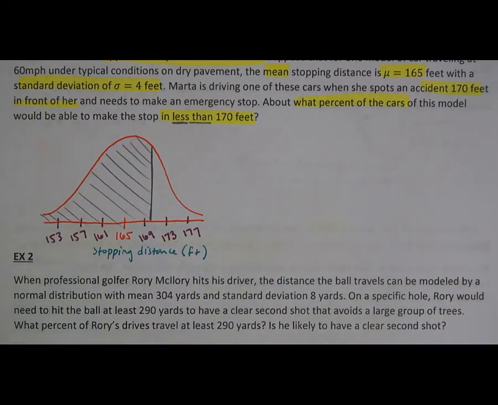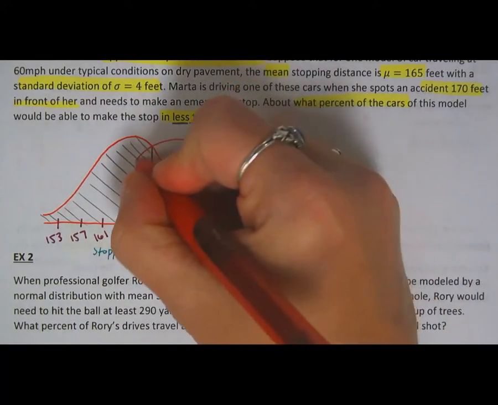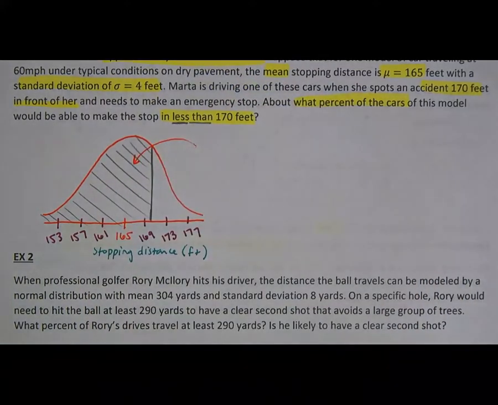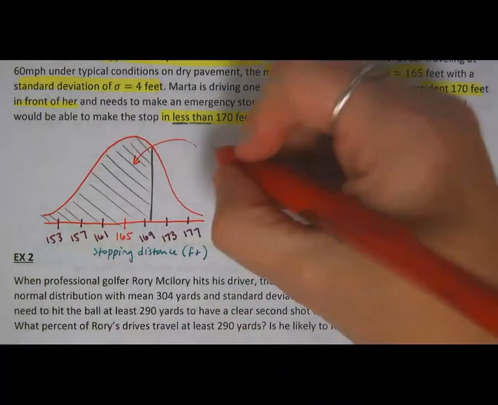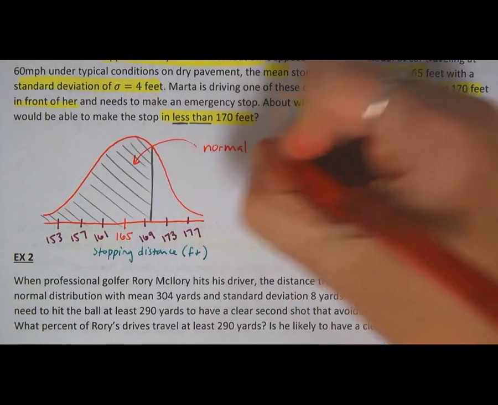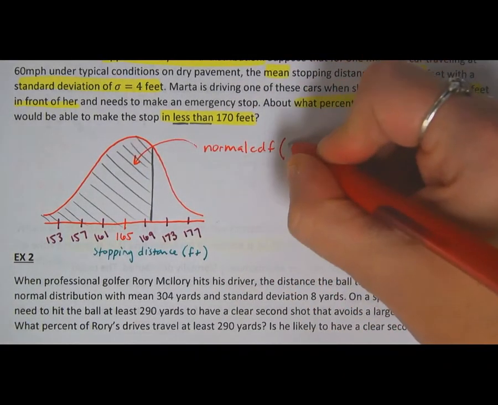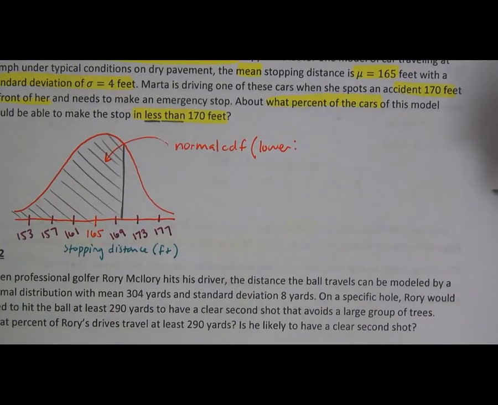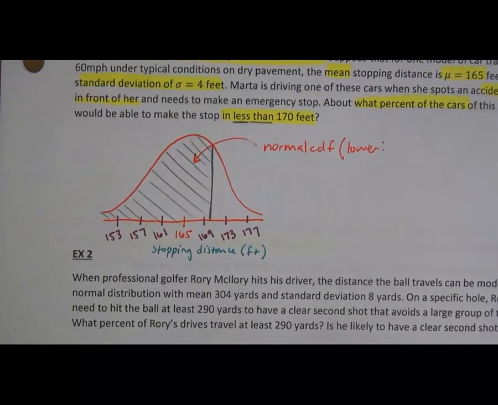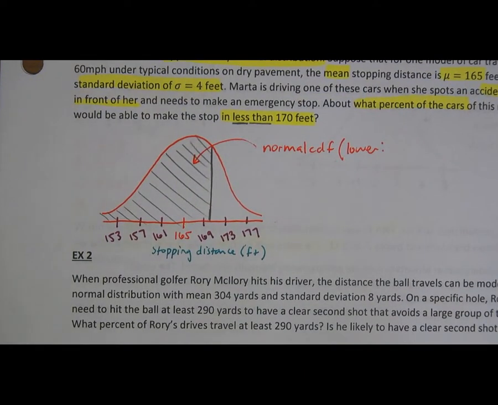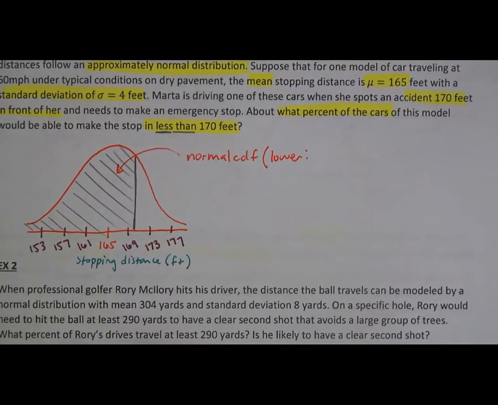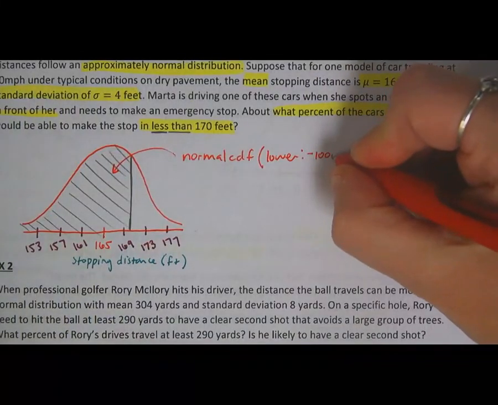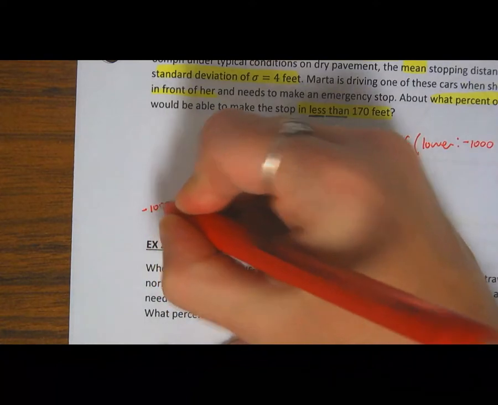Okay, your calculator is going to do everything for you. That's all the work that you have to put into it right there. The calculator is going to tell you that because you're going to hit normal CDF. What will you put as your lower? Ooh, I don't know. Which way did we shade? To the left forever. So what will you put as your lower? Good, negative 1,000. Maybe you want to put that in your picture over there.